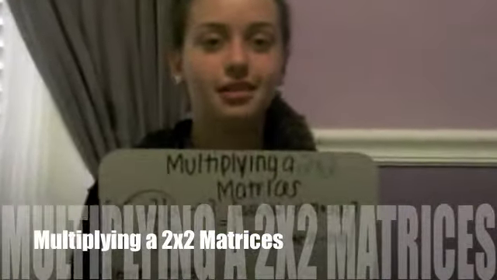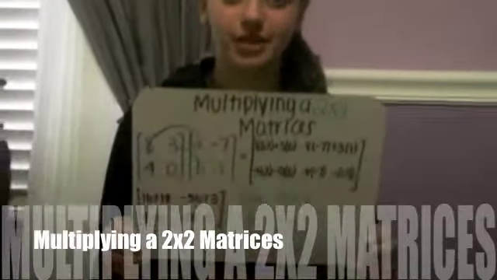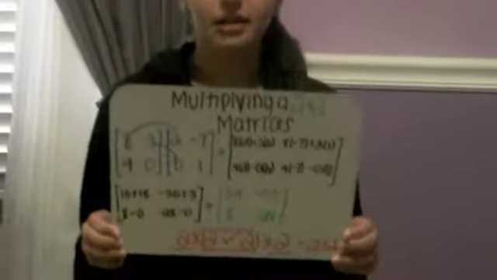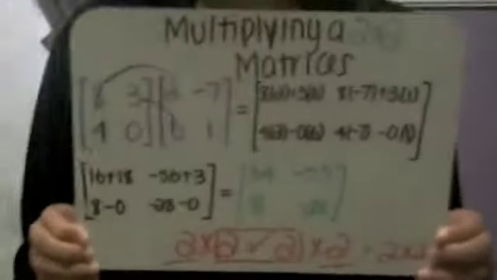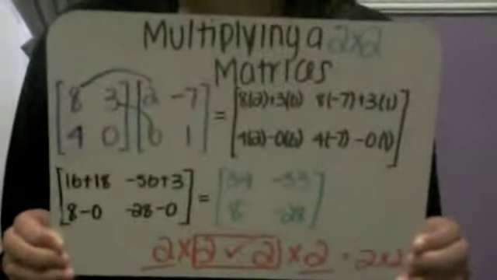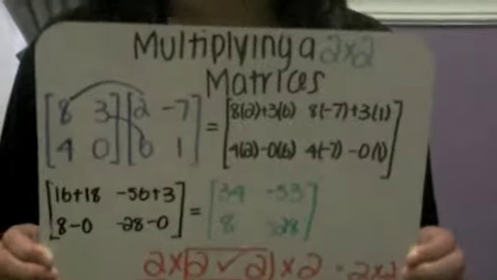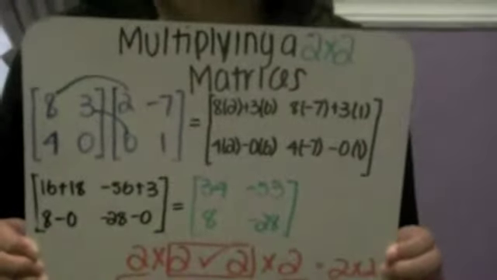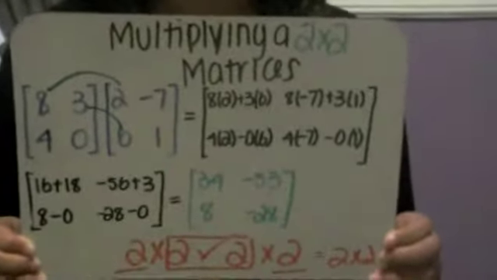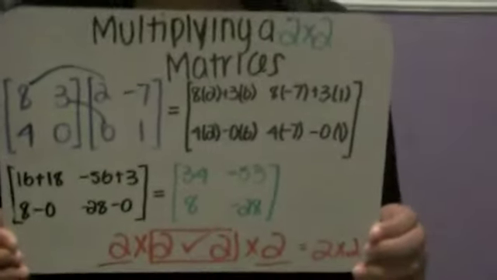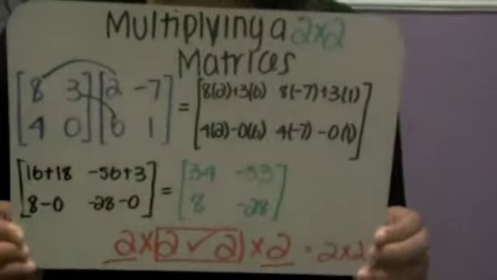I'm going to show you guys how to multiply a 2 by 2 matrix times a 2 by 2 matrix. In this example, we have 8, 3, 4, 0, multiplied by 2, negative 7, 6, and 1. The first thing you're going to do is multiply 8 times 2 and then 3 times 6. That will give you 16 plus 18.